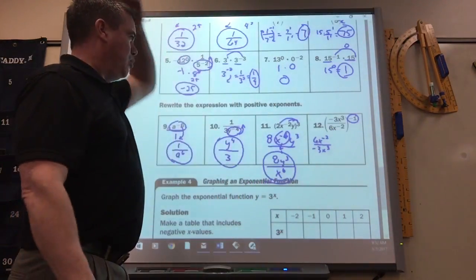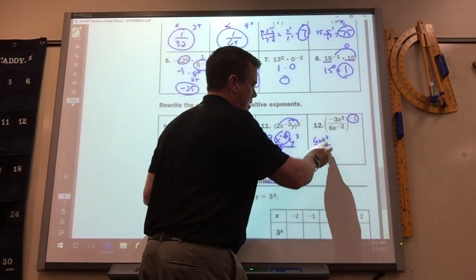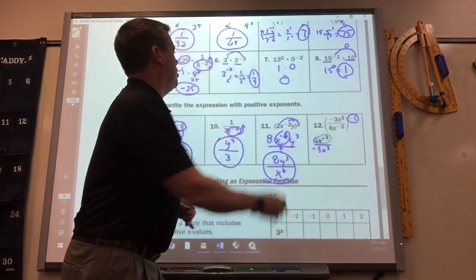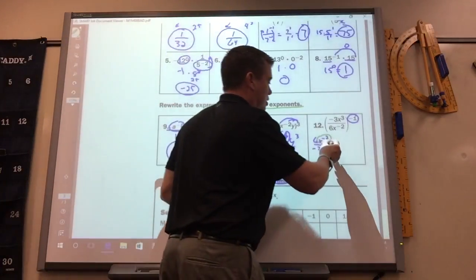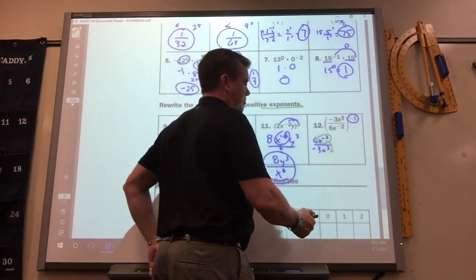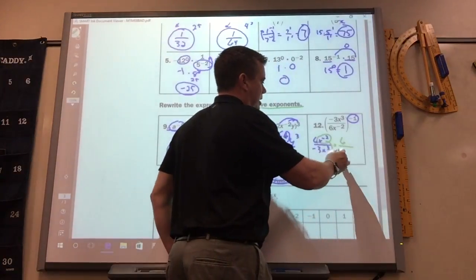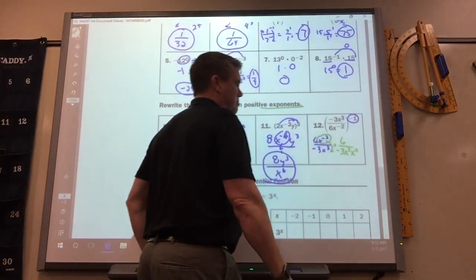And then the only thing we have to move is this. Remember, it doesn't matter if the number's negative, it's only the exponents you don't want negative. So this would move down, and you'd be left with a 6 on top, a negative 3, x cubed, x squared on the bottom.